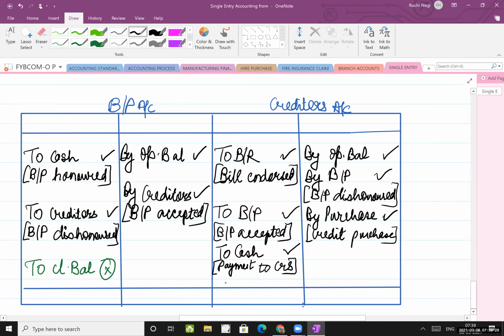Fine. Next क्या हो सकता है? Purchase return. तो creditors to purchase return.